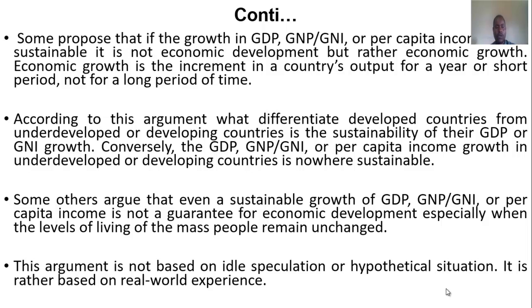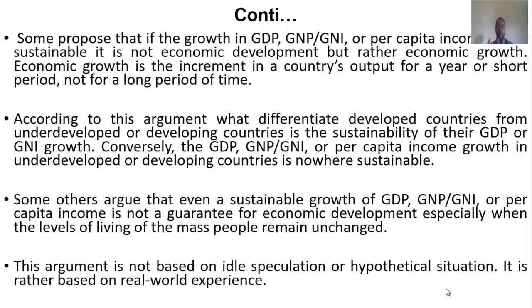And according to this argument, what differentiates developed countries from underdeveloped or developing countries is the sustainability of the GDP or GNI growth. Conversely, the GDP, GNP, GNI or per capita income growth in underdeveloped or developing countries is nowhere sustainable.